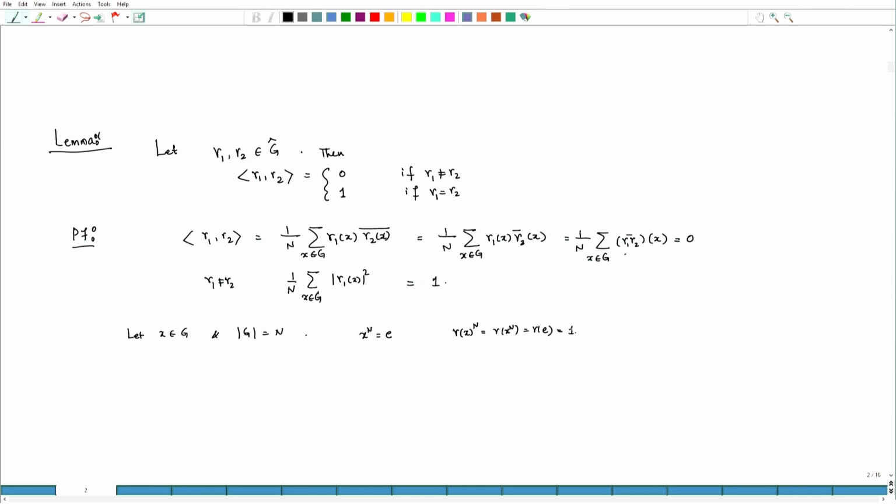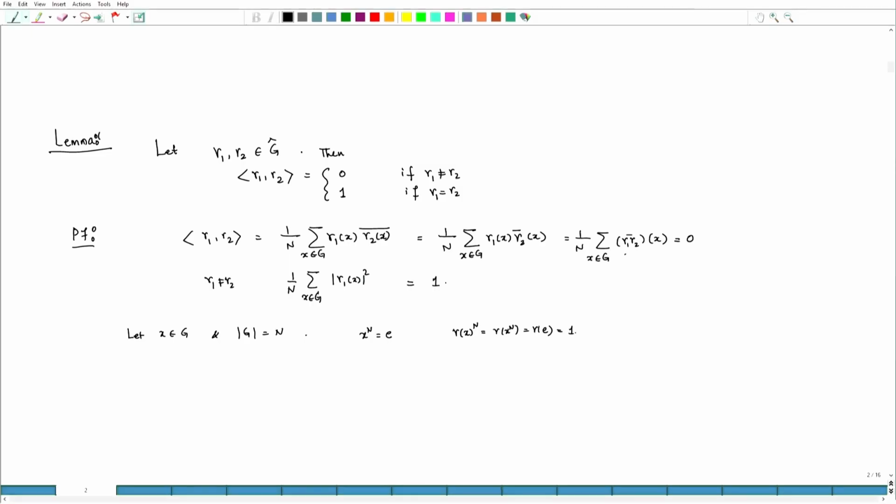Therefore, all these characters are nth roots of unity. Therefore, the number of elements in G hat is less than or equal to the number of elements in G. We do not know whether they are precisely equal. Nevertheless, they are finite in number.